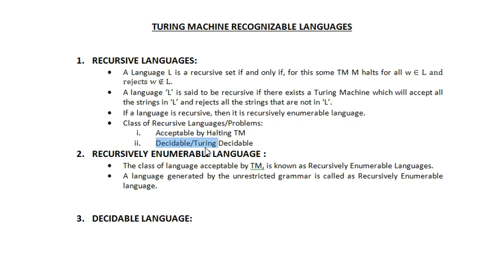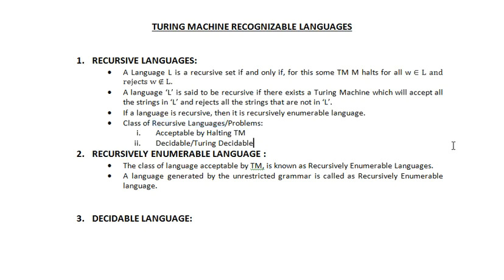If it is undecidable, then it will go into an infinite loop, or it won't be halting at any moment, so that cannot be a scenario. Always the scenario will be decidable, and also always acceptable. Based on these two scenarios, we can directly say that this is a class of a recursive language, or in terms of problems you can say. So this is the general definition of a recursive language.